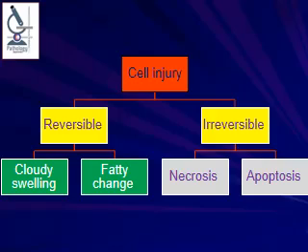Examples of reversible cell injury are cloudy swelling and fatty change. In the irreversible form of cell injury, the stress is so severe and persistent that cell death has occurred. Cell death can be in the form of necrosis or apoptosis.